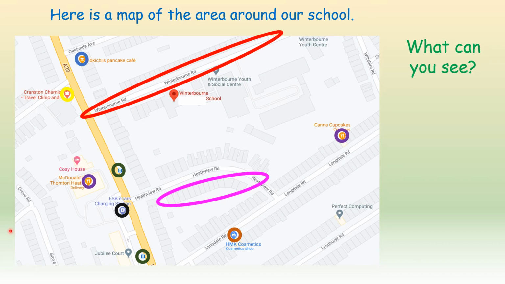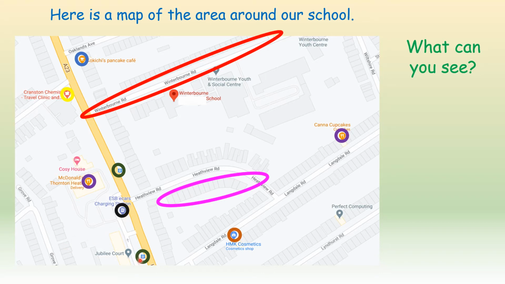So if you noticed, the bus stop, the restaurant, I think this one's McDonald's, the chemist, the petrol station, the cosmetics shop, they all have symbols on the map.